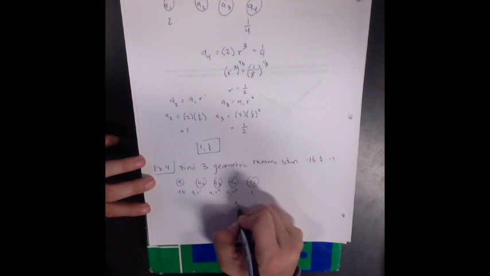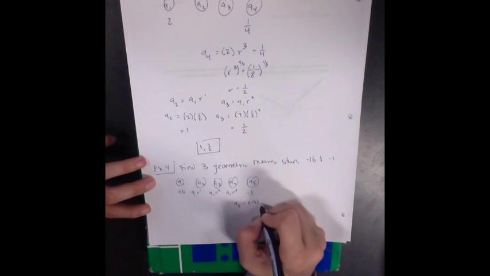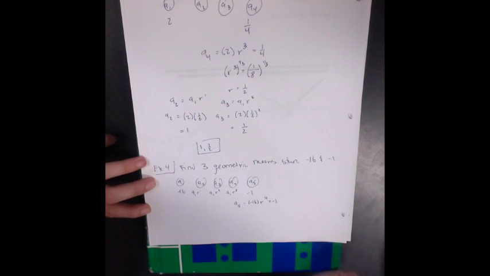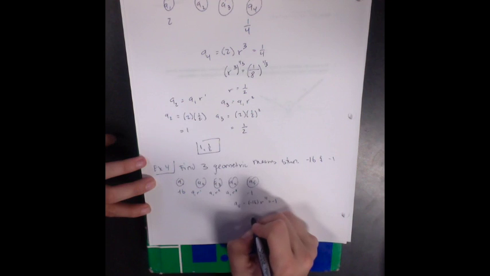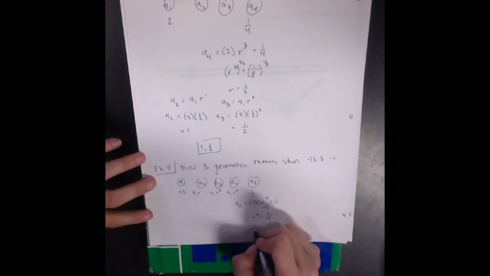Now I need to find my r. A5 is A1 times r to the 4th, and that equals negative 1. Divide everything by negative 16, so I get r to the 4th is 1/16, which tells me that r is 1/2.